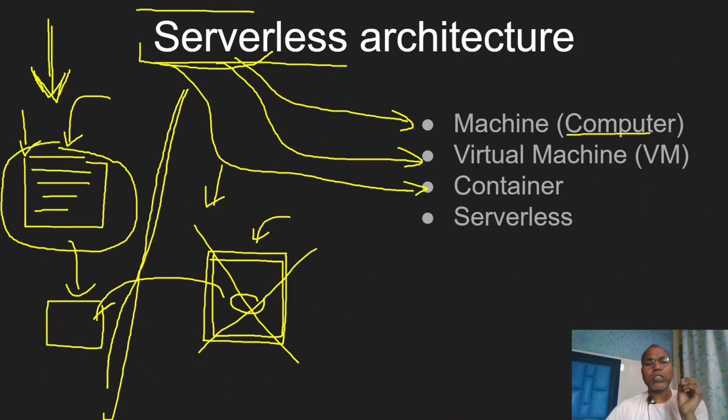So you just focus on writing code, writing a function. Due to that, for application development, our engineering teams only focus on writing the function, and they are not focusing on which hardware, which machine, or what kind of configurations are required. This is the meaning of serverless.